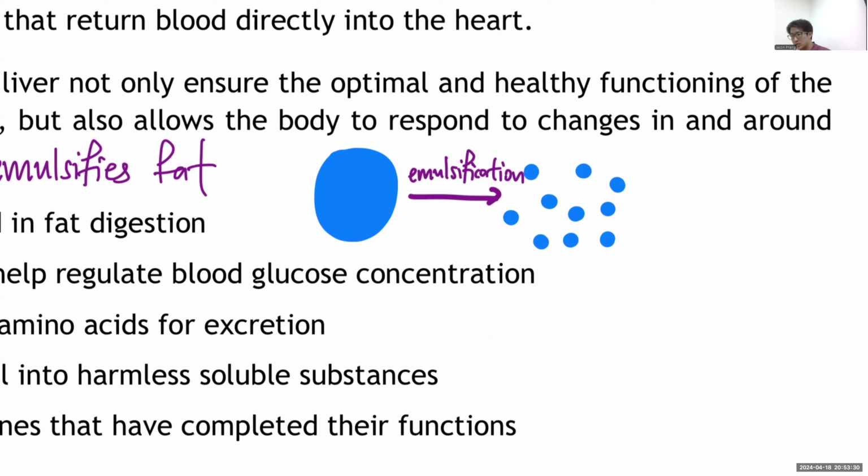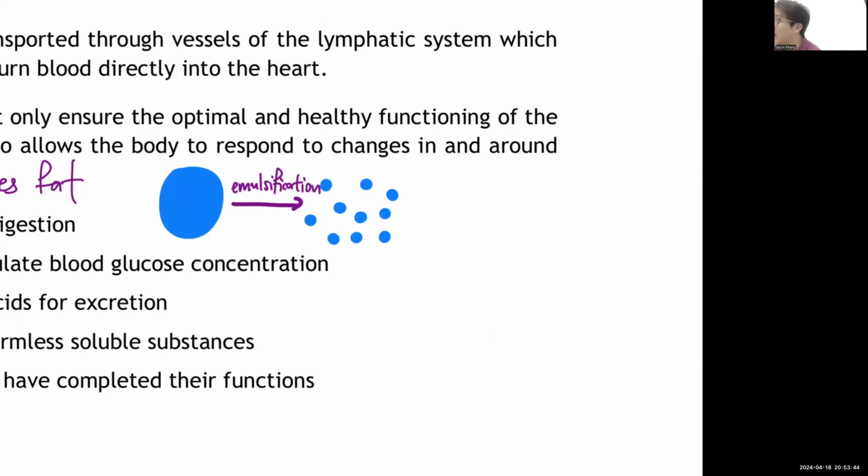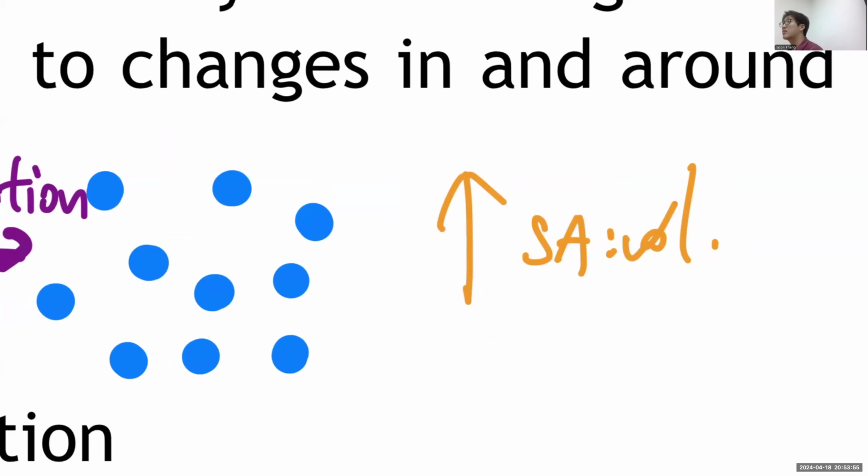What's the purpose of this? So the purpose of emulsification: the smaller something gets, the larger its surface area to volume ratio. We will no longer be using the primary school total exposed surface area, straight to surface area to volume ratio.